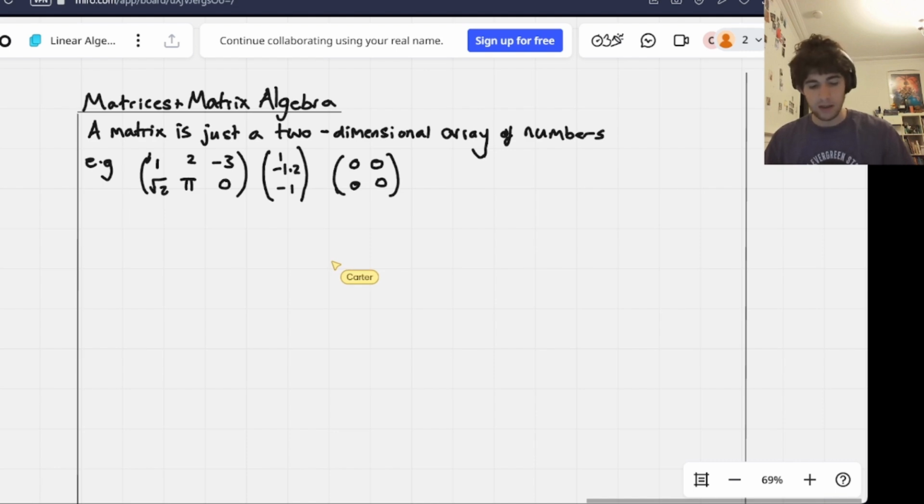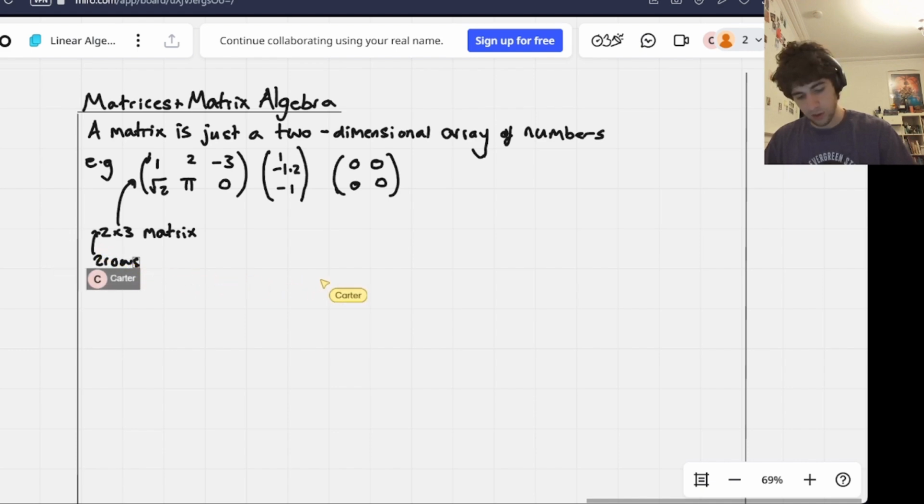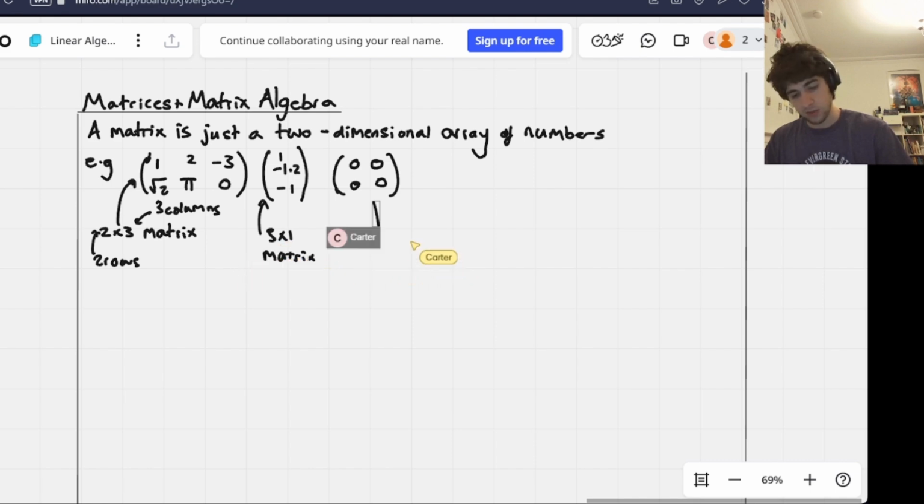And this matrix here is a 2 by 3 matrix. What that means is we have 2 rows and 3 columns. And so you would also expect this one to be a 3 by 1 matrix, and this one over here to be a 2 by 2 matrix. Okay.